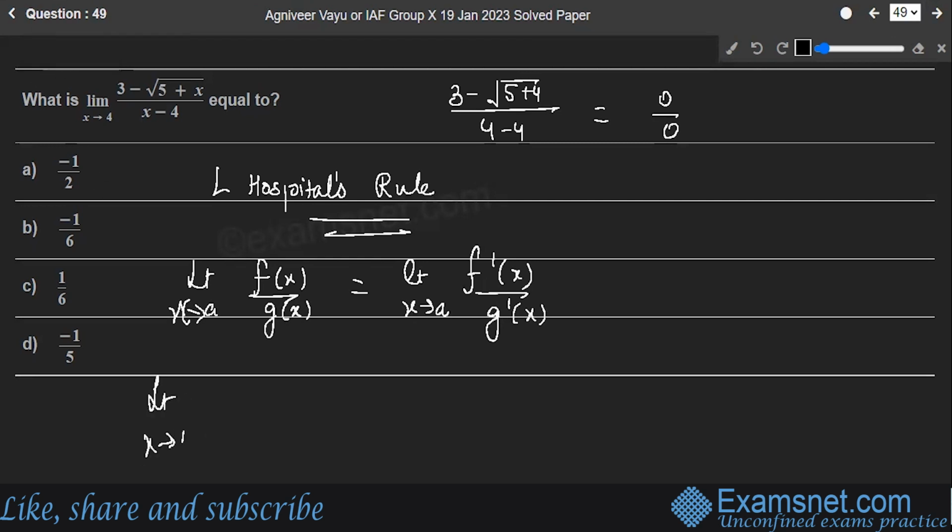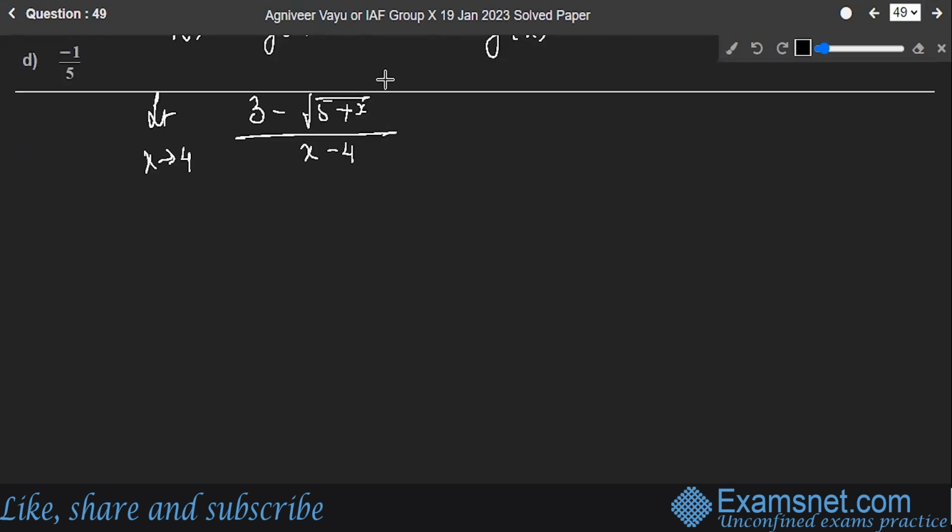Limit x approaching 4 of 3 minus root of 5 plus x, upon x minus 4. We talked about this being indeterminate form 0 upon 0, so we have to apply L'Hospital's rule, that is, find the derivative of the numerator upon the derivative of the denominator.